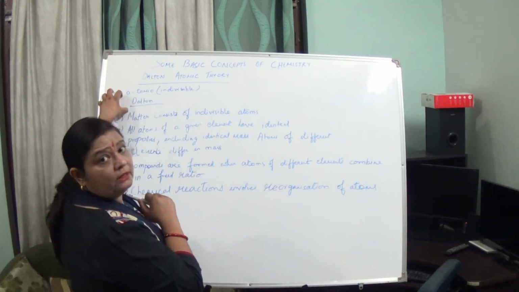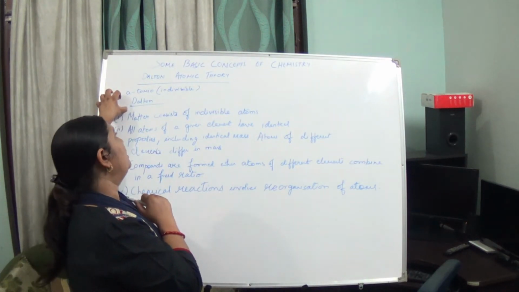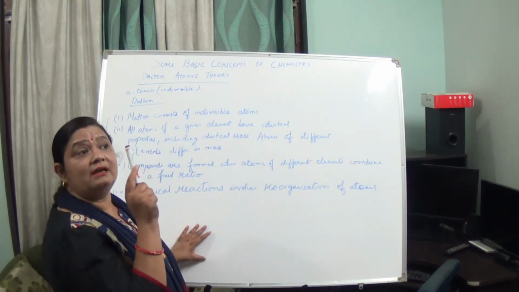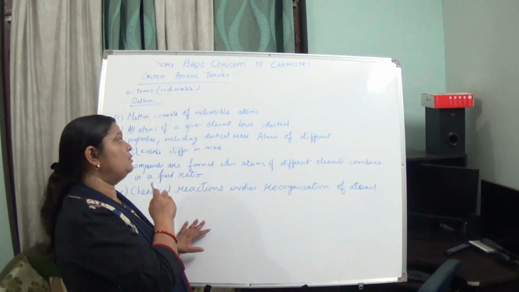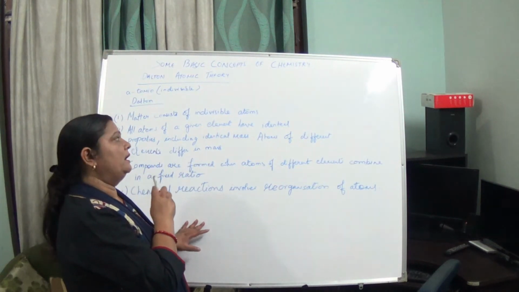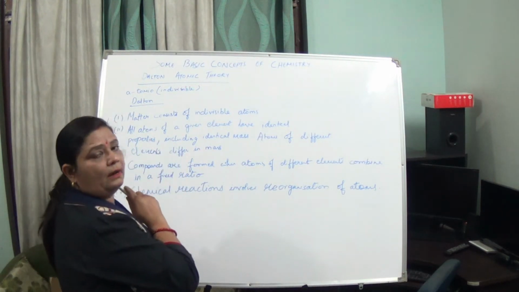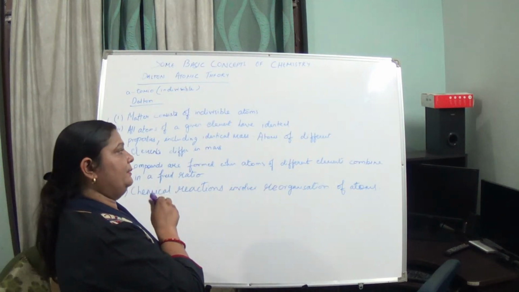Dalton was able to explain the laws of chemical combination, but he was not able to give the reason why these chemical combinations take place. He could not explain the gas volume ratio also. He could only say about the laws of chemical combination.